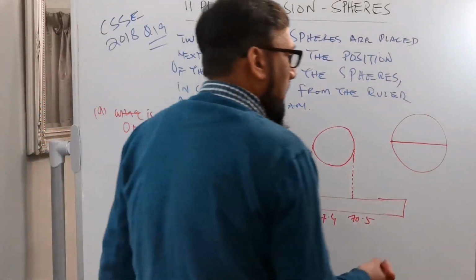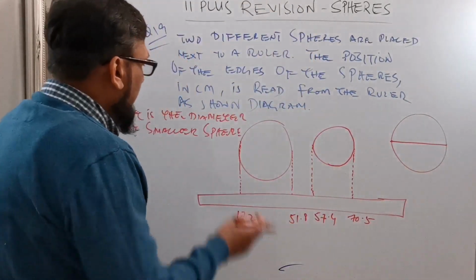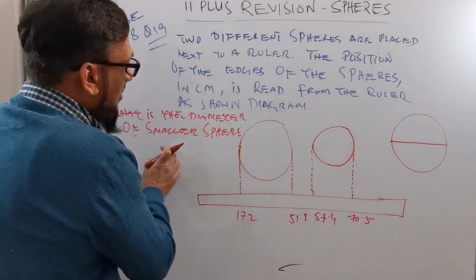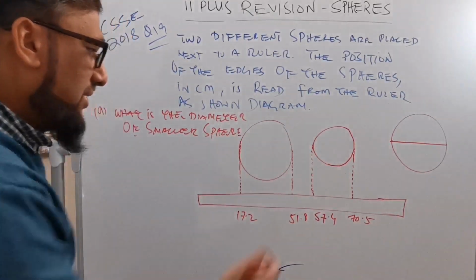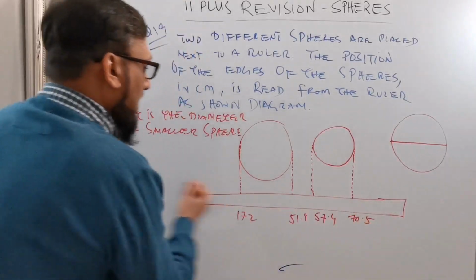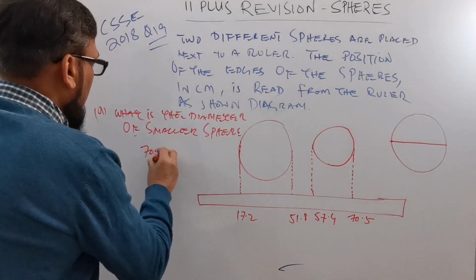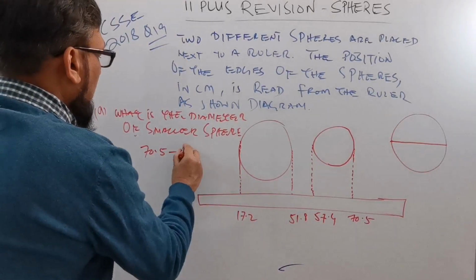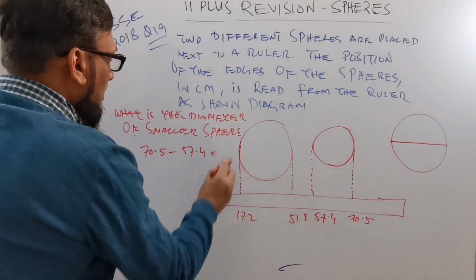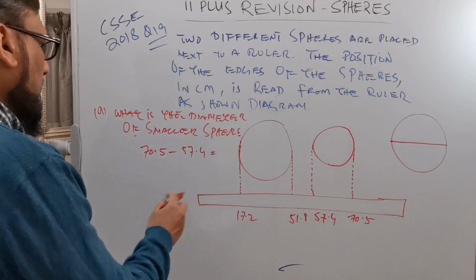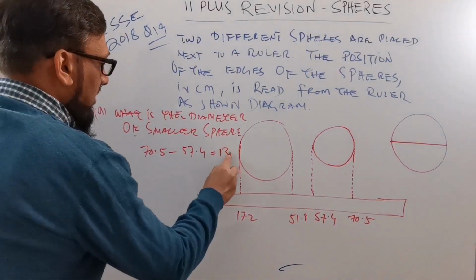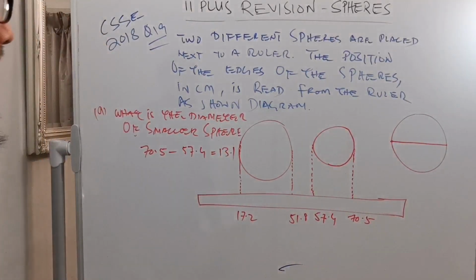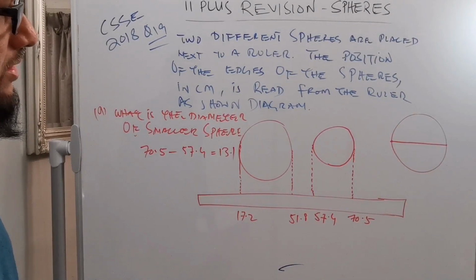So we calculate 70.5 minus 57.4, which gives 13.1. This is the answer for part A.